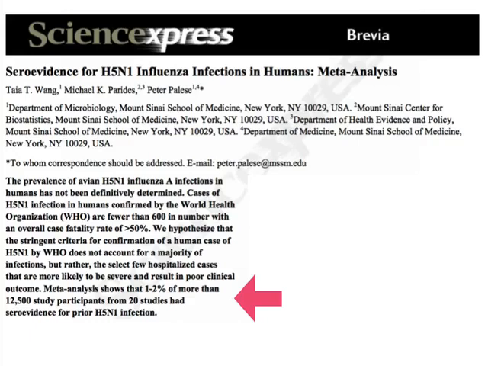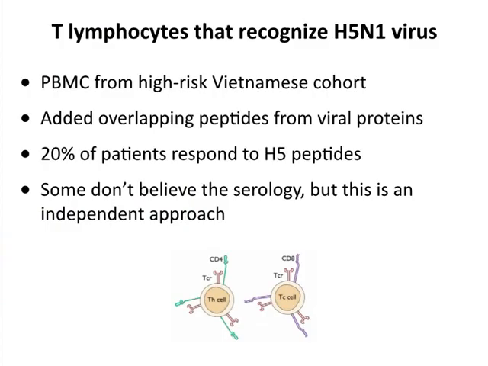So they looked at all the serological studies that had been done looking for antibodies in people to avian H5 influenza virus. And what they concluded was that 1 to 2% of more than 12,000 study participants in 20 studies had seroevidence for prior H5N1 infection. So 1 to 2%, if there are millions of infections globally, this is quite a high number of people and could substantially affect the fatality rate.